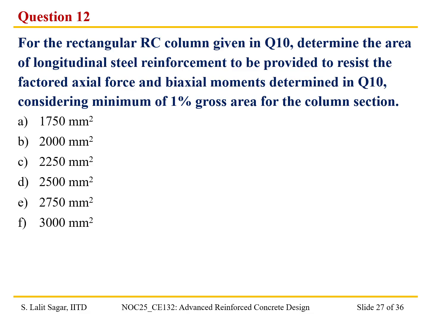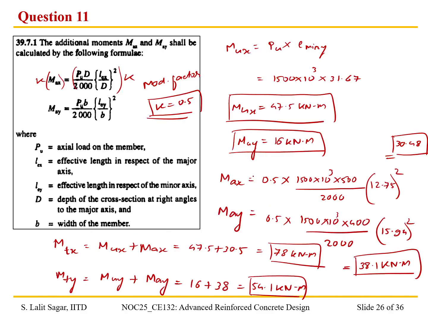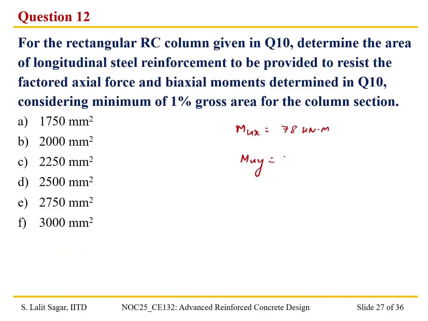So we can write the value of Mux and Muy. These are the total moments, please note. So Mux is 78 kilonewton meter and Muy is 54.1.